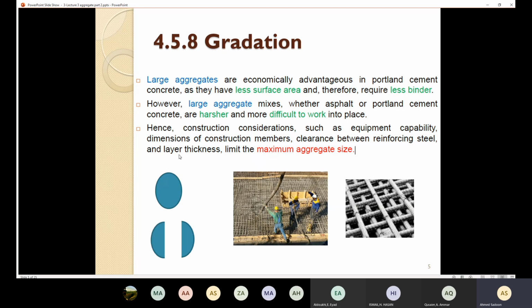We know that we are going to use the aggregate in order to produce concrete. And in order to produce the concrete, you are going to use the cement. The cement is going to bind the aggregates together, and the cement is going to be located on the surface of the aggregate. Now, here I have the surface of the aggregate.